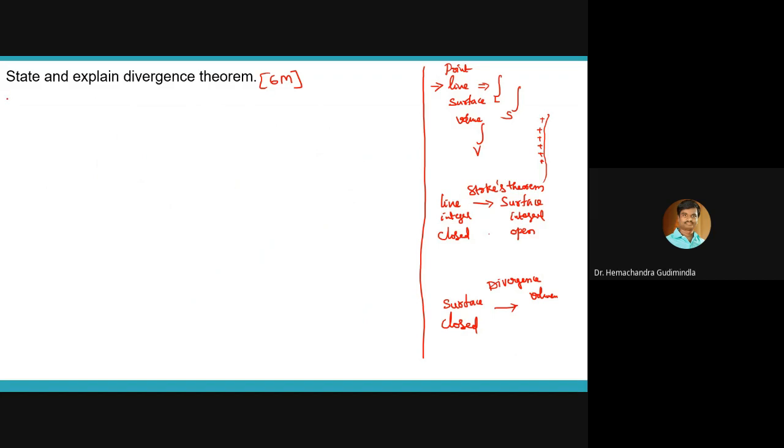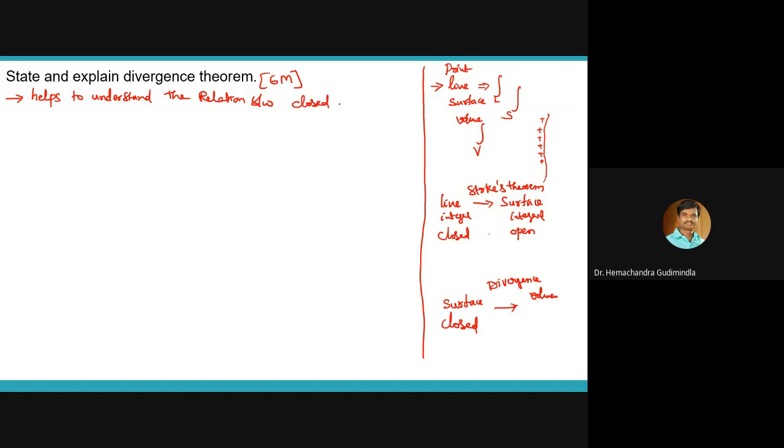Now I can write it here. I will say two points. Whenever you are talking about the divergence theorem, this theorem helps to understand the relation between the closed surface integral and the volume integral.